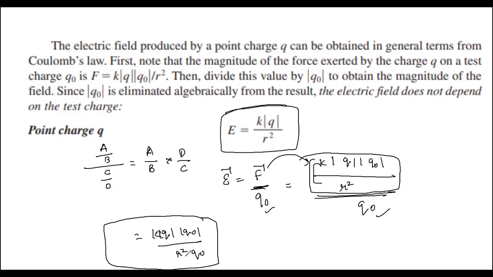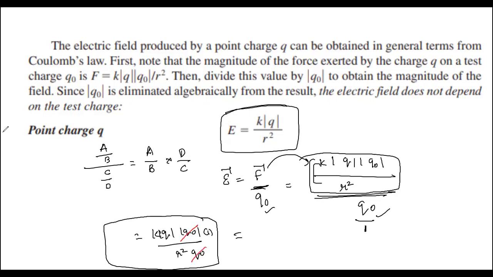You can see now which quantity went where. You can write one over here so that it makes more sense. So one goes in the top. Anything multiplied by one will be that thing only. In this case, it's K Q Q naught. I can get rid of a few things which are the same on the numerator and denominator.